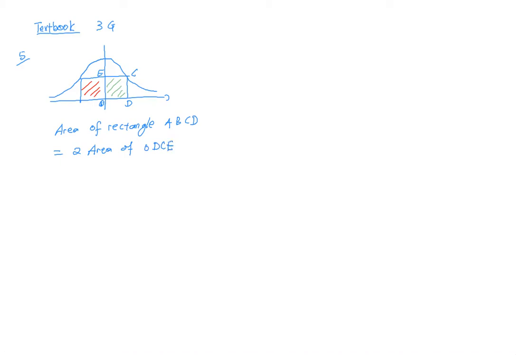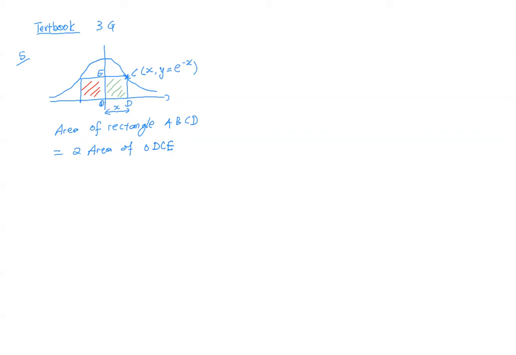Are you okay? So now, to find the area of this rectangle, first of all, we have to get the coordinate of C. If I let this distance be X, the coordinate X for C will be X. Then the coordinate Y, since C lies on the curve, will be e to the power negative X. Clear?